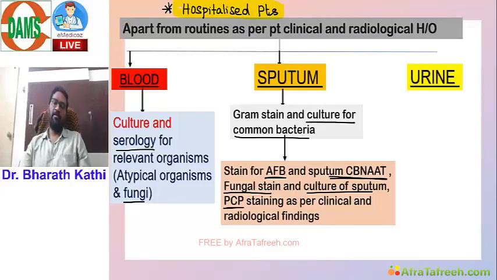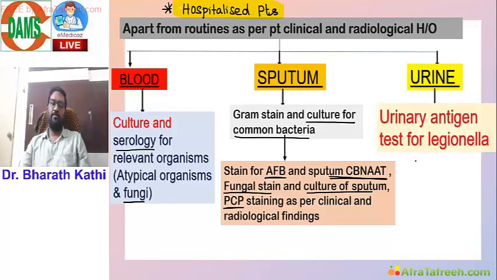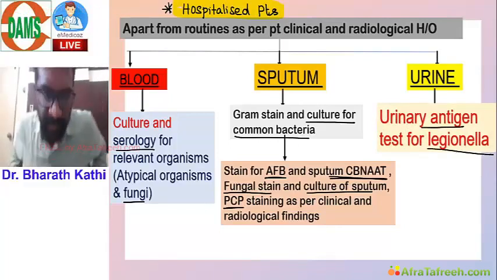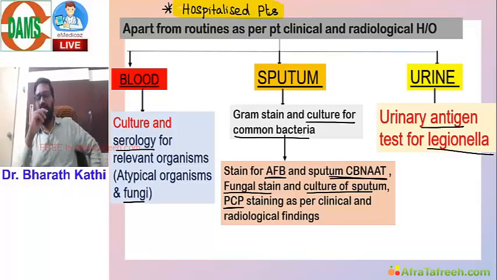And what are the urine tests available for pneumonia? We have the urine antigen test that is routinely done for Legionella. So when a patient with pneumonia is admitted, these are the investigations apart from routine investigations.